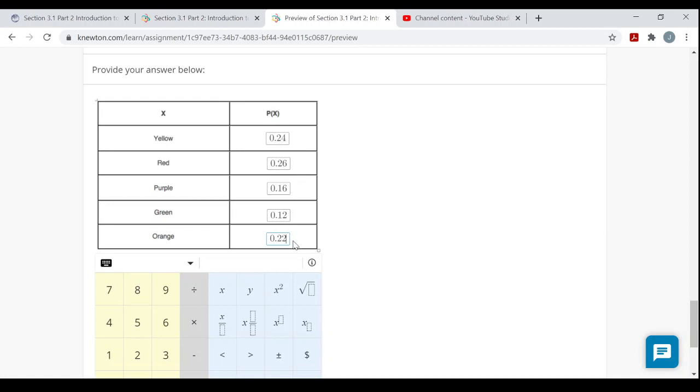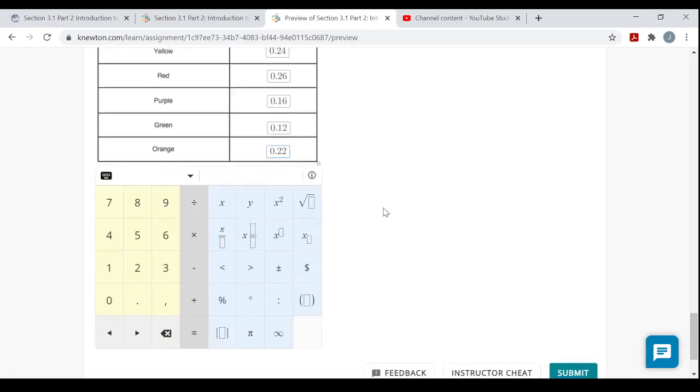And add these up. You have 50% here, then 66, 78, 100. Right? And 100%. They all add up to 100%, or they all add up to 1. Right? And they're all positive. They're all between 0 and 1.